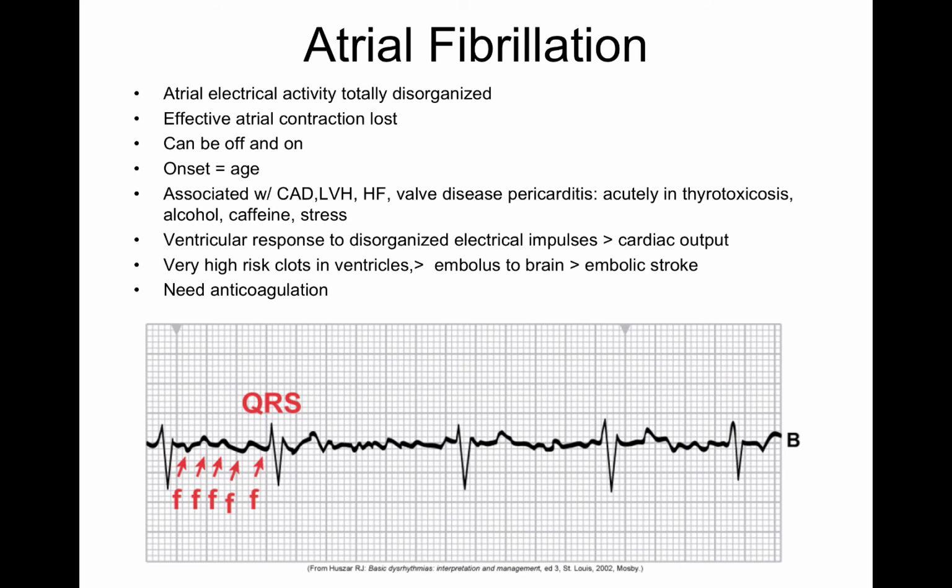People can have atrial fibrillation that goes pretty fast, and as the heart rate increases, our cardiac output is affected. It's a cascade of things. So we worry about the blood clots, we worry about stroke, and we worry about cardiac output. So AFib with RVR is really disconcerting to us.